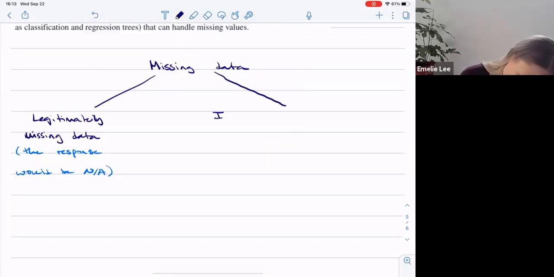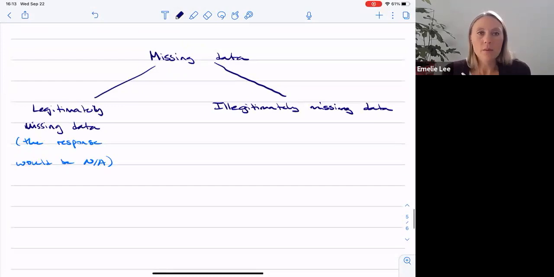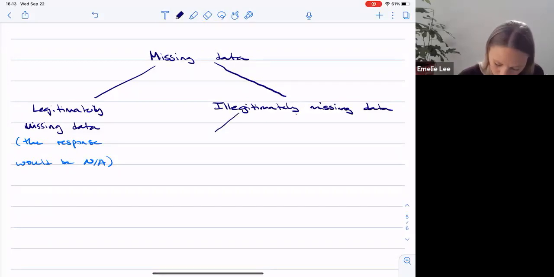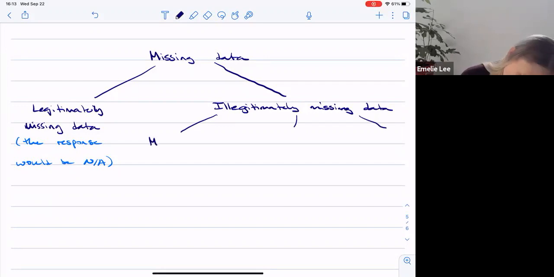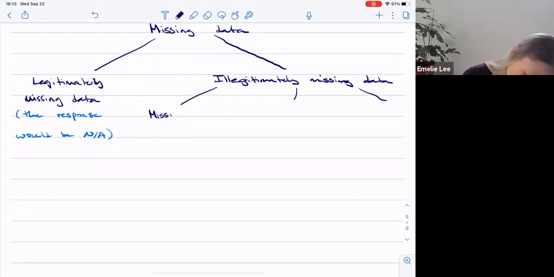Illegitimately missing data comes in 3 forms. Okay. Actually, I think I'm going to need more room here, so I'm going to spread out just a little bit more. Missing completely at random.